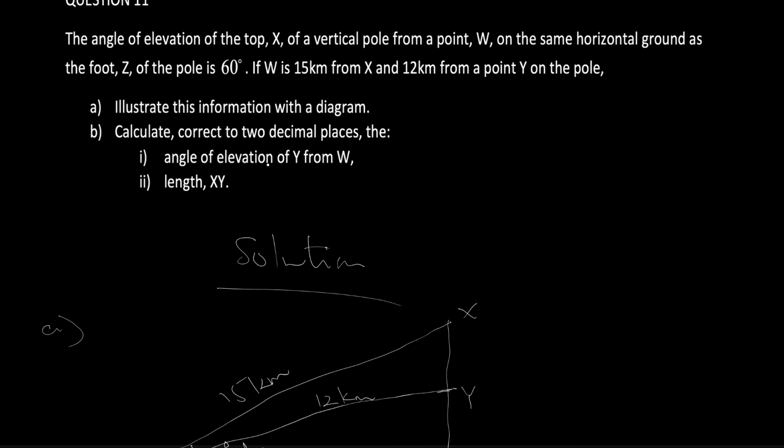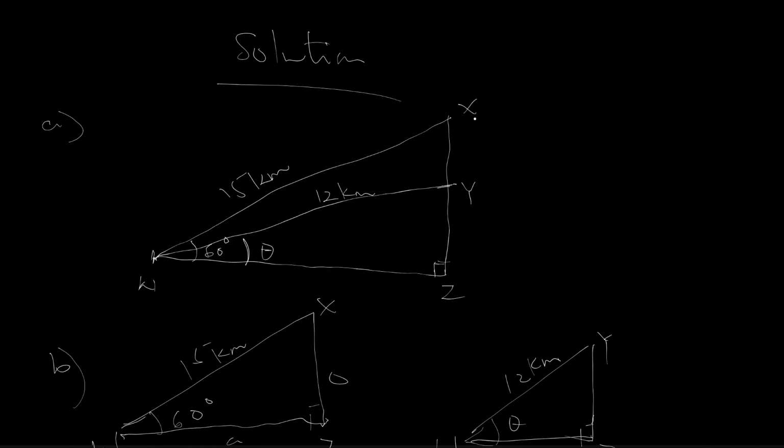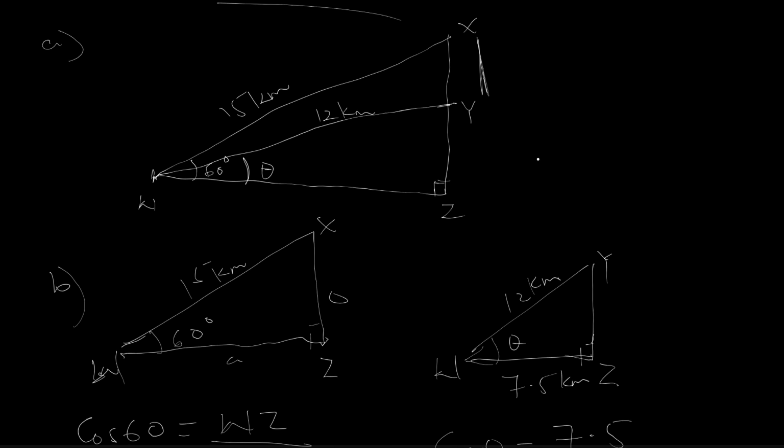Calculate correct to 2 decimal places the length of XY. So we are finding the length of this. So first, we need to know XZ, and we need to know YZ.